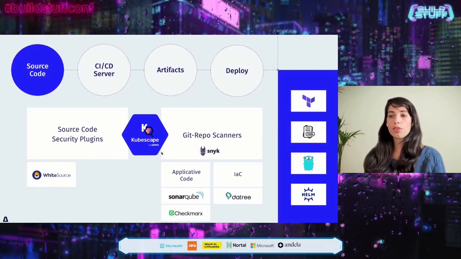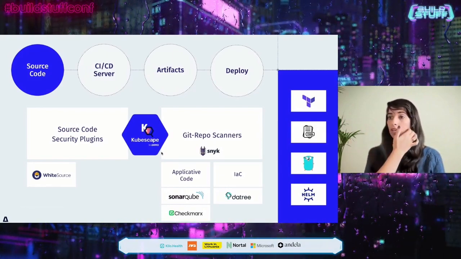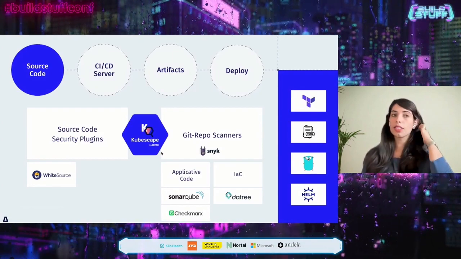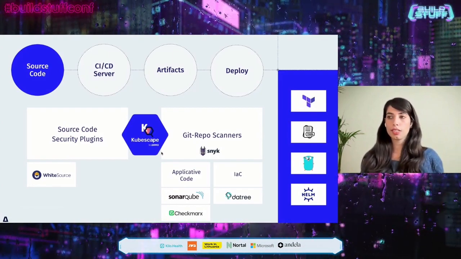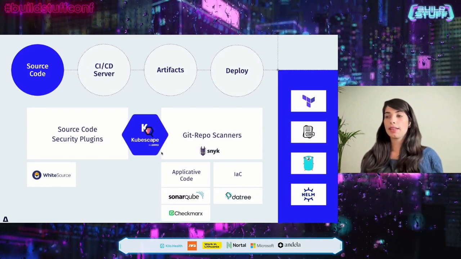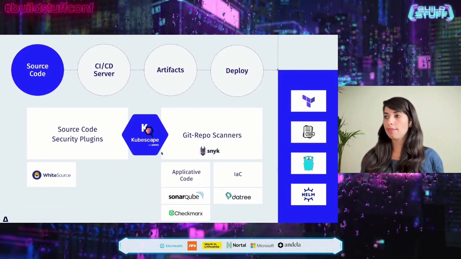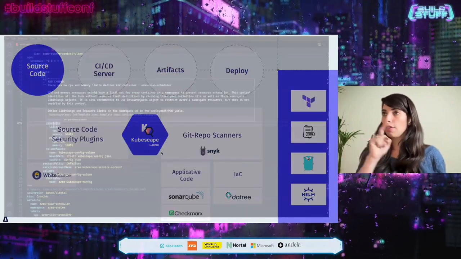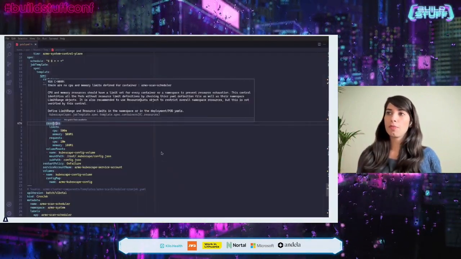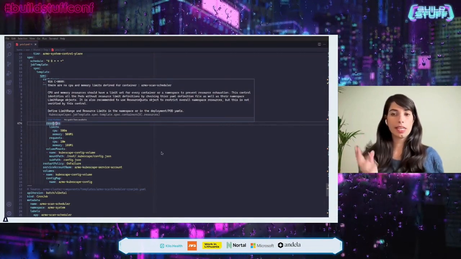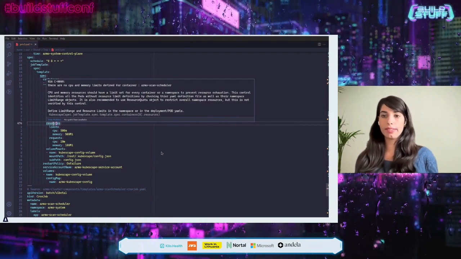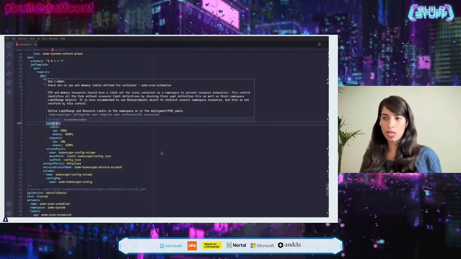And also, there are some source code security plugins in your IDE. For example, I'm writing in Visual Studio Code, and we just created a CubeScape plugin, here it is, that is checking for misconfigurations in my YAML, which I'm going to put in my dev, staging, and then production cluster.